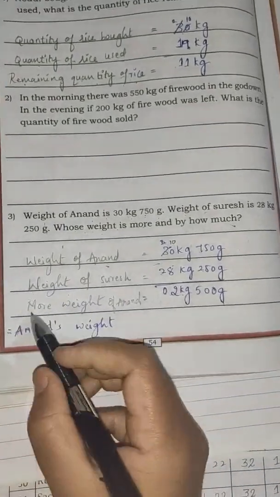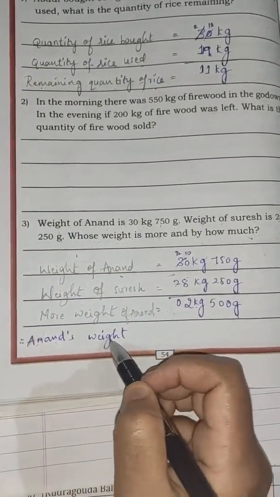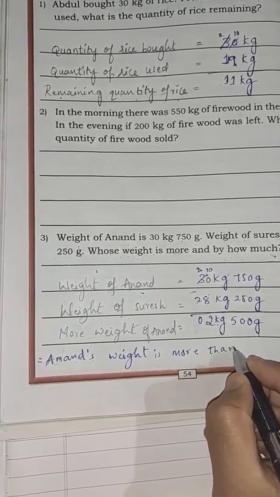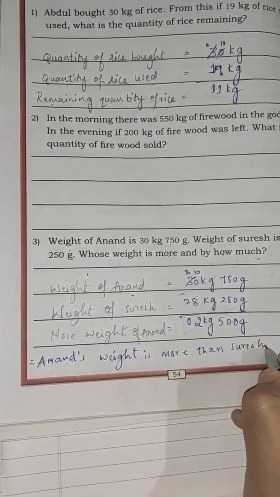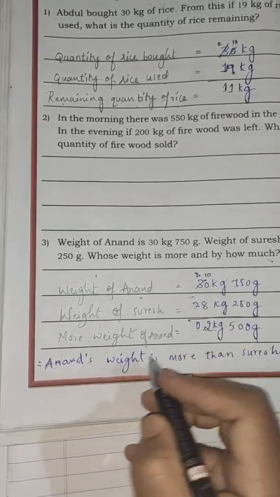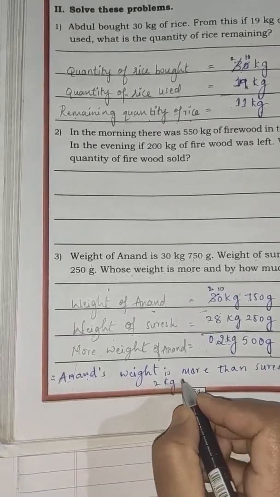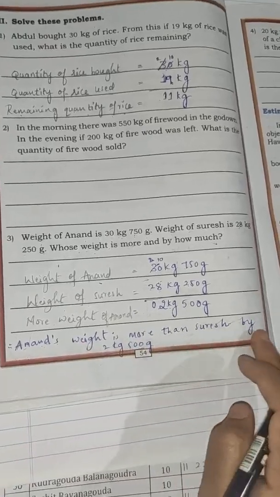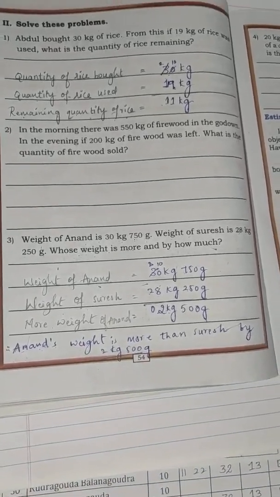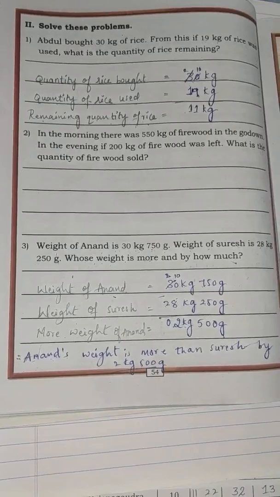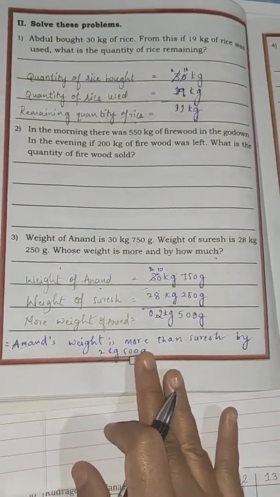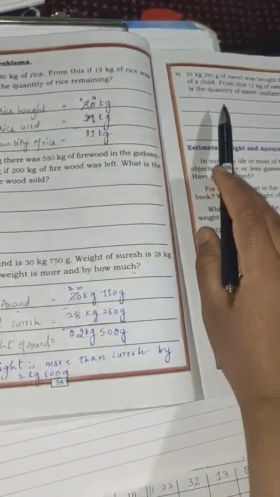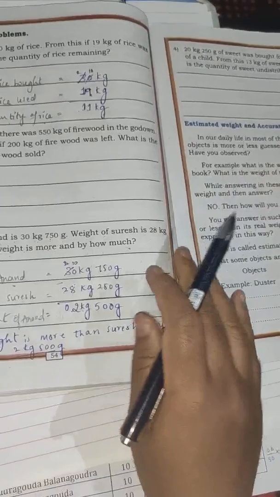So therefore Anand's weight is more than Suresh by how much? By 2 kg 500 gram. Understood, children? So children, in the same way you just try to solve the second, which is similar to the first one, and the fourth, which is similar to the third one, by yourself.